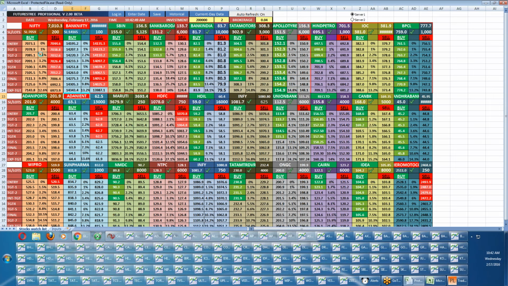So Adani Ports, we had a sell call in the morning. It was a very neat call right from entry. Now we have a buy call.